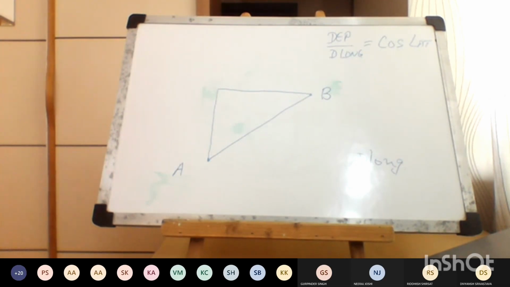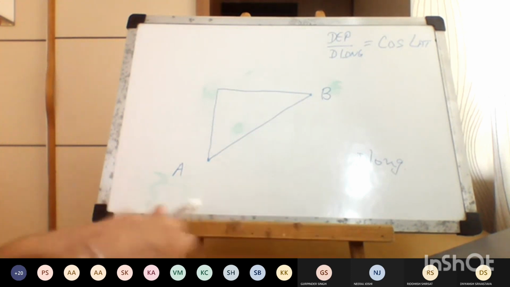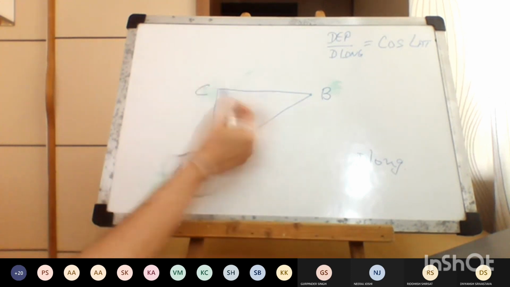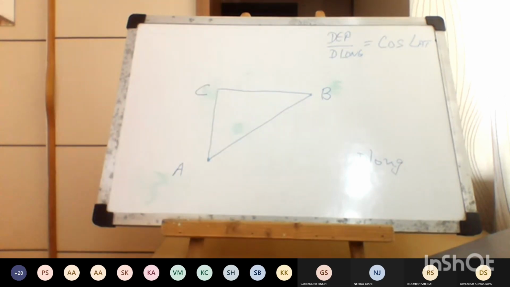But in this triangle, can we call VC the D-long? Because they are not on the equator, we cannot call that D long. We have to call it, what do we call it?